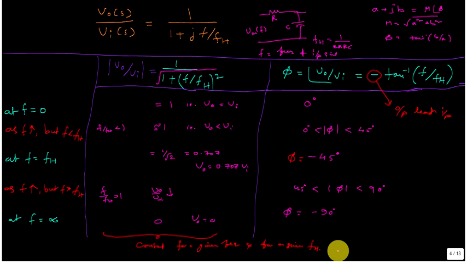So if you know the fh value and the input signal frequency, then definitely your magnitude is going to be constant. Whenever you get a constant magnitude, you can write V0 by Vi is equal to some constant, that is, V0 is equal to constant multiplied by V input.